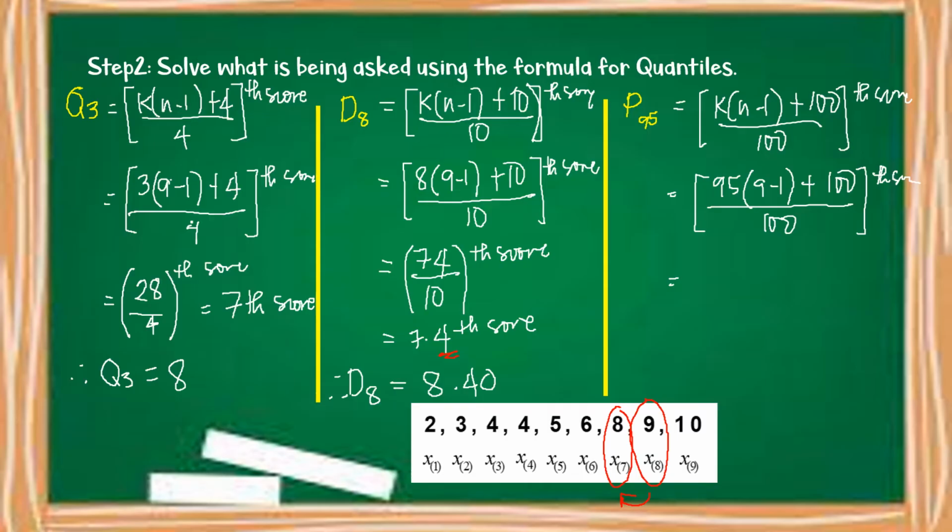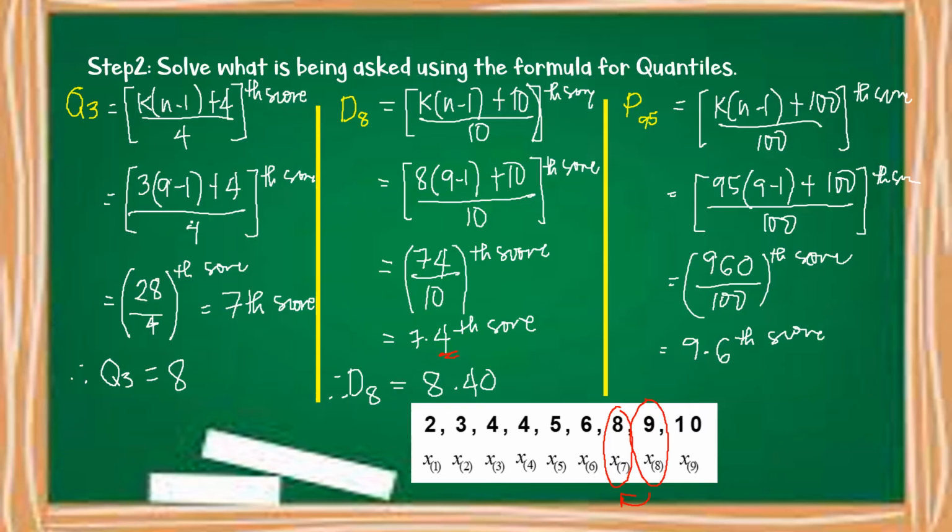So 8 times 95 is 760 plus 100 is 960 divided by 100. So the answer is 9.6. So the 9.6 score.